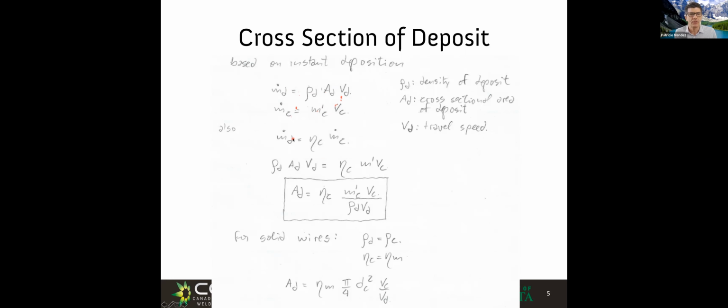Okay, and we also knew that these two, how much is in the deposit and how much we are burning, are related through the consumable efficiency. So if we put these three equations together, which are very, very basic, it tells us that we can calculate the area of the deposit. The area of the deposit is given by the linear mass of our electrode times the wire feed speed, essentially how much electrode we're putting in, divided by the travel speed, and divided by the density of the deposit.